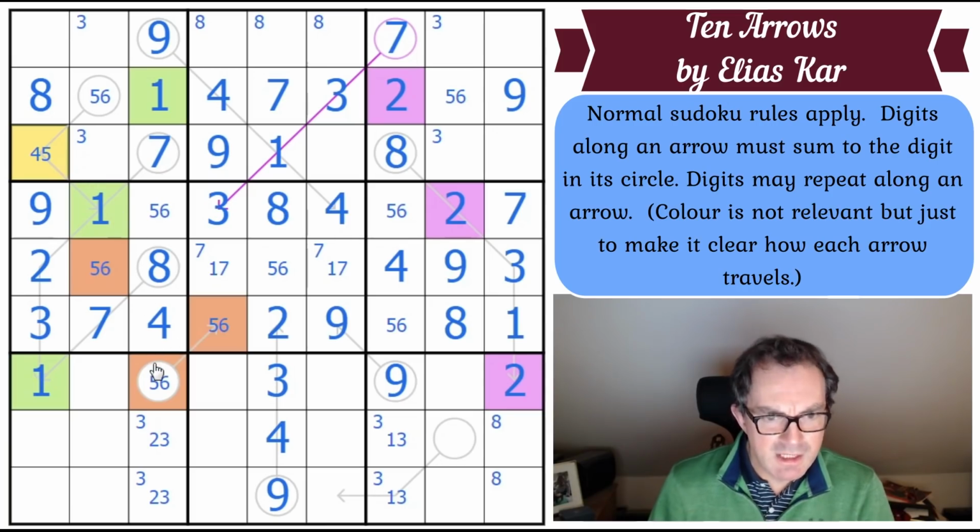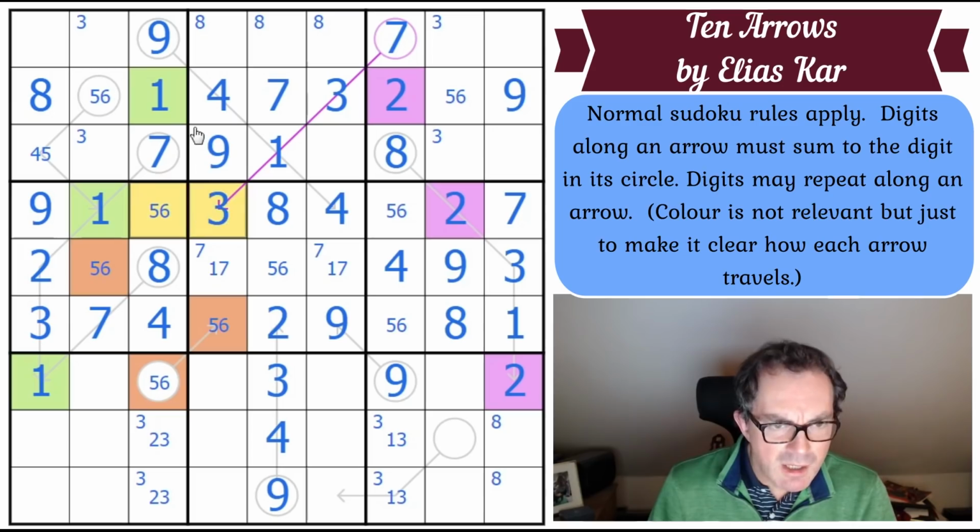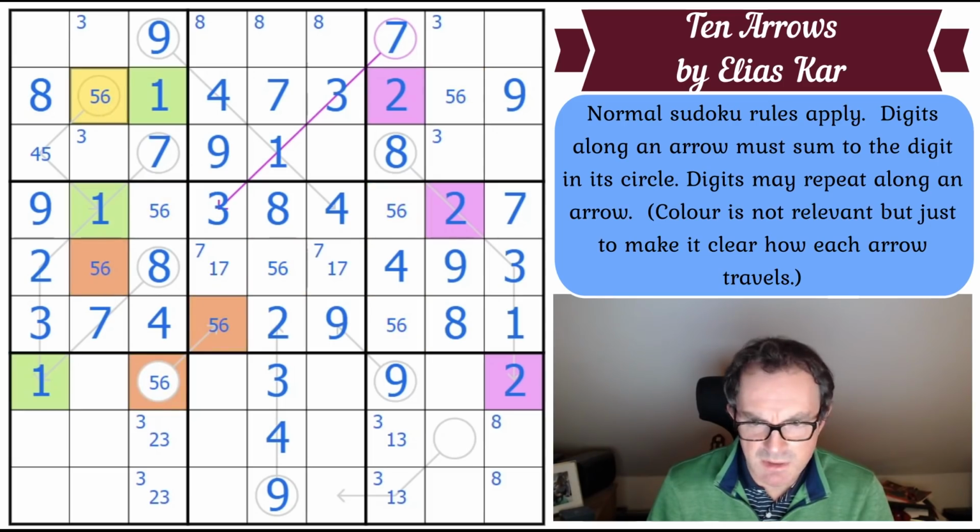Whatever, there's something going on with 5s and 6s here. Because this 5 and 6 is obviously not the same as this 5 and 6. I'm going to colour it differently, because that's also a blue 5 or 6.